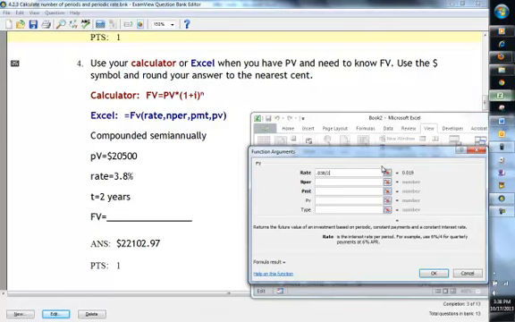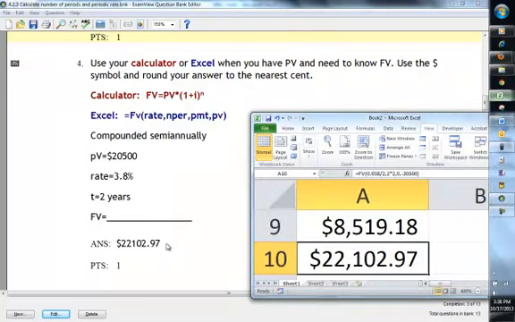Semi-annually means we have to divide it by 2. 2 years means we have to multiply it by 2. Whatever we divide by in the first blank is the same number we multiply by in the second blank. No payment. And we start out with $20,500. And so we end up with $22,102.97.